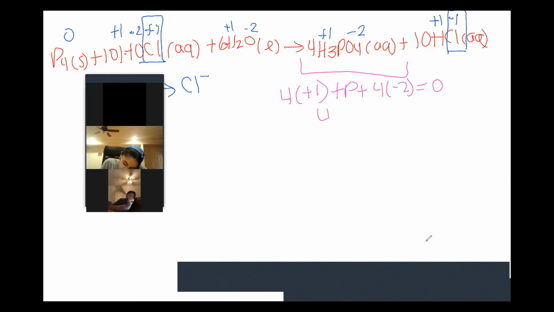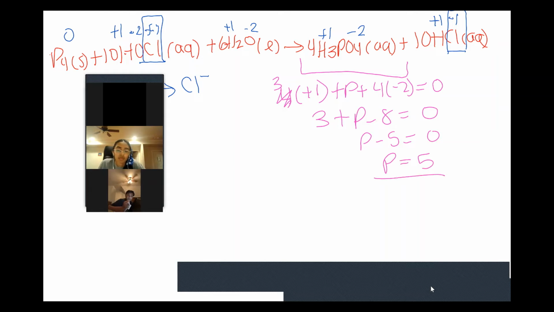So 4, sorry, it should be 3. So 3, right? Plus P minus 8 equals 0. So P minus 5 equals 0. So the oxidation number of phosphorus is now 5.